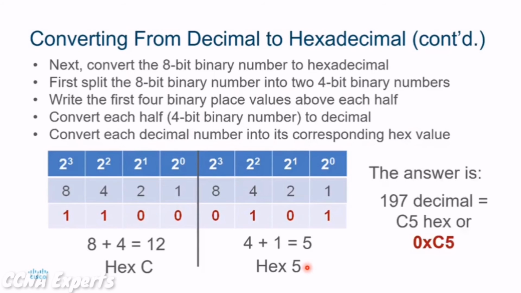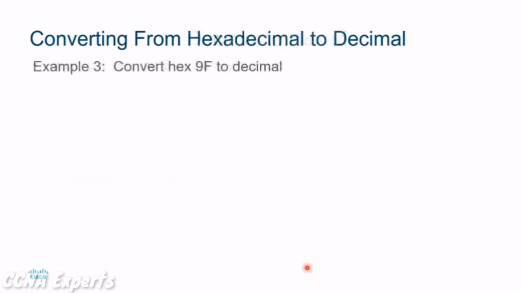Therefore, 197 in decimal is C5 in hex, or it can also be written with a 0x preceding it to indicate that what follows is written in hexadecimal. Lastly, let's look at converting from hex to decimal, but this time we'll convert to binary first instead of going straight to decimal like I did in the first example. I'll convert the hex 9F to decimal.